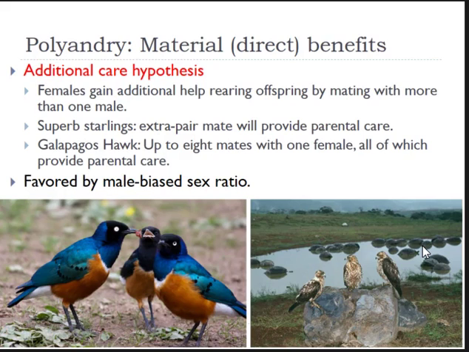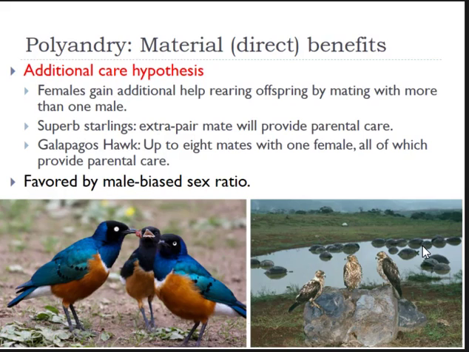So in the case of, here are these superb starlings again, which again, they totally look fake to me. They're just so striking. They've got these really bright iridescent blues on the top, and then they have this really white eye that's sort of weird looking. But in that species, females will mate with more than one male.